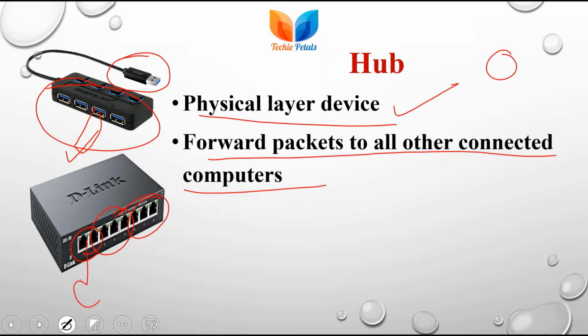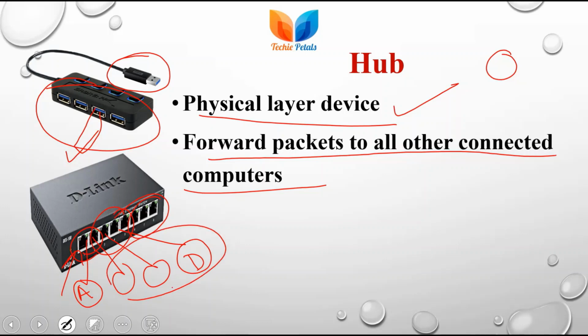Suppose we have connected multiple systems here, so the hub receives the packet from one system and forwards it to the rest of the systems. Means if a system has sent a packet for this D system, then the hub will forward the packet to all these systems, and only the destined system, where the destination address matches, will accept the packet and others will reject it. We will see this when we perform the simulation with the Packet Tracer tool.